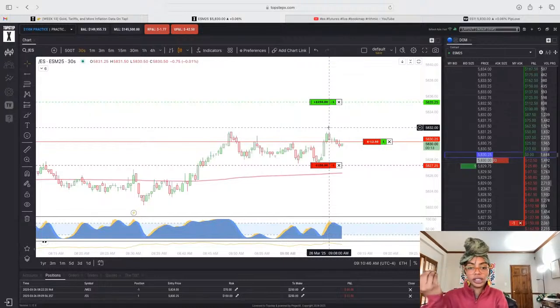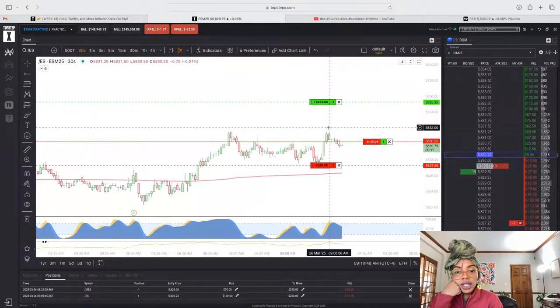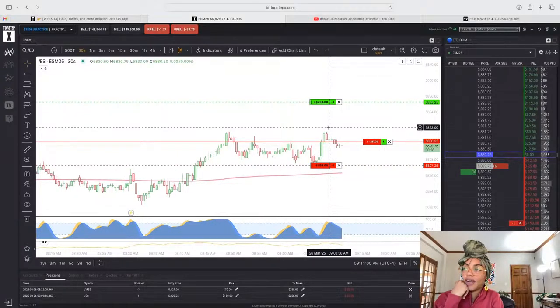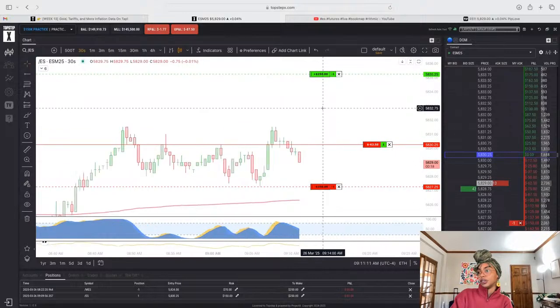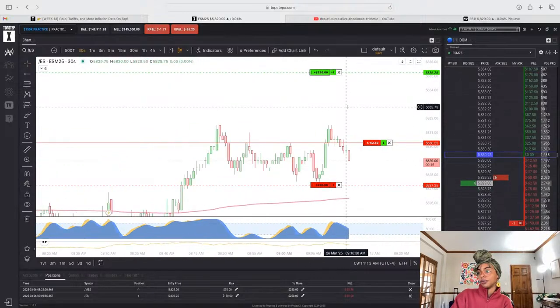Remember, you only have a certain amount until your drawdown. So remember, don't think about your accounts as, oh, it's 150K. No, I have 6K, 3K, 2K, whatever the amount is, your max loss. Trade your account according to your max loss, and that will help you get into good trades.